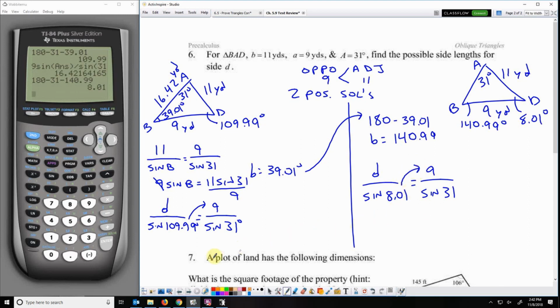I'll multiply that across. 9 times sine of 8.01, which is my most recent answer, divided by sine 31. So 2.43 is my last missing side length, 2.43 yards.